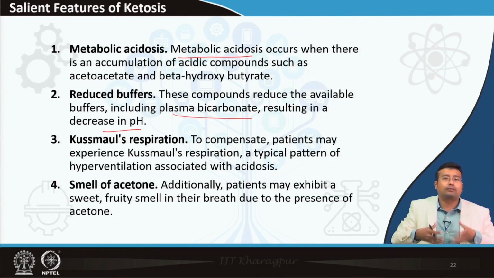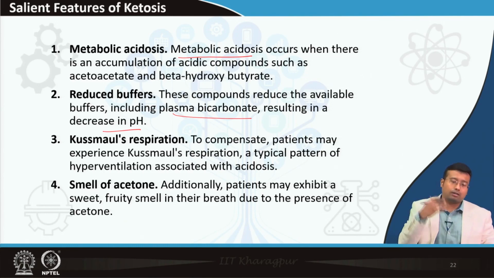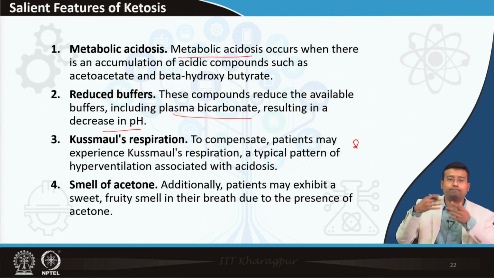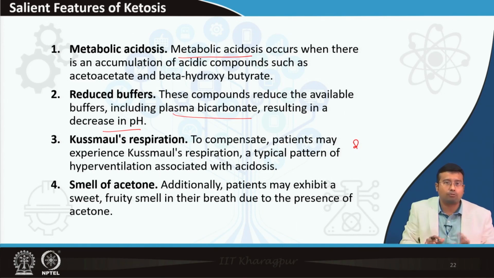When the acid has developed, the body tries to get rid of excess acid by washing off all the carbon dioxide. This is a phenomenon of compensatory hyperventilation, right, to wash off the carbon dioxide. Therefore, this pattern of breathing is noted in metabolic acidosis and is known as Kussmaul's respiration.